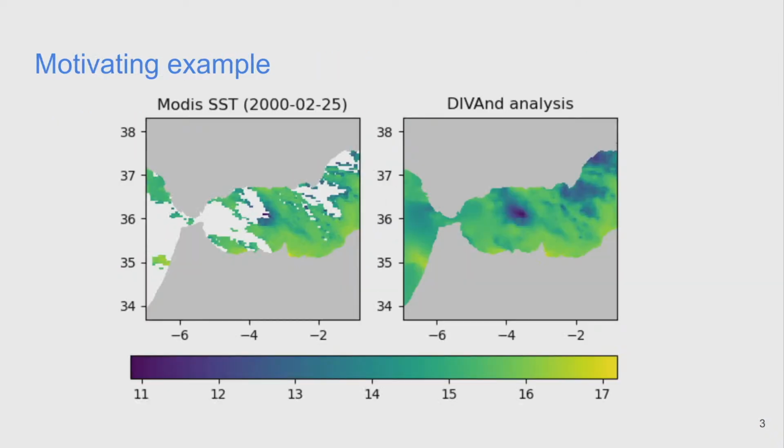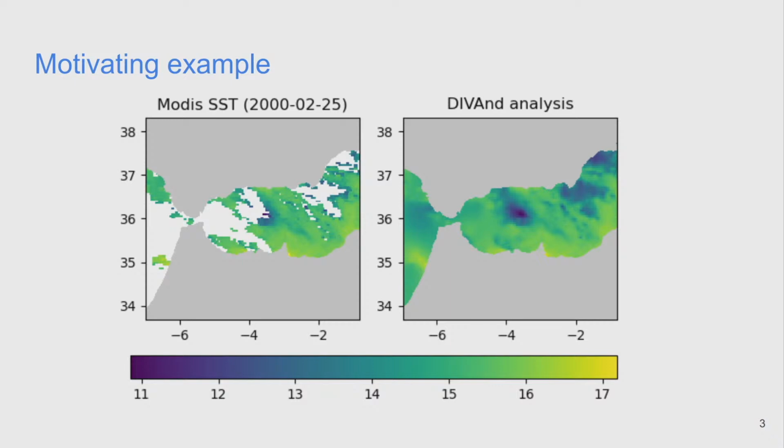And here is a motivating example. What you have on the left is the sea surface temperature as observed by MODIS, which is a satellite from NASA, and you see obviously you have missing data. You have clouds. These are the white patches there, and that's the Alboran Sea and the Mediterranean Sea.